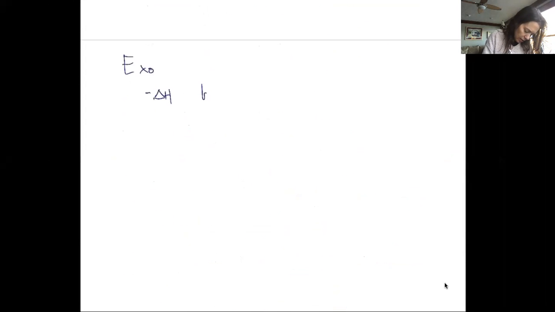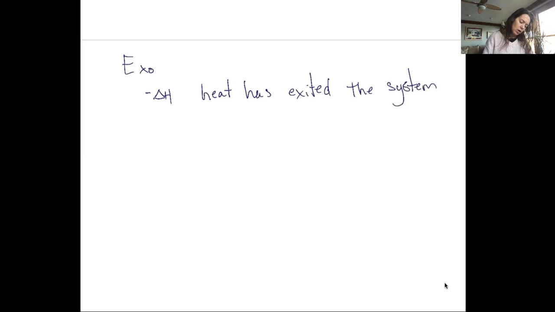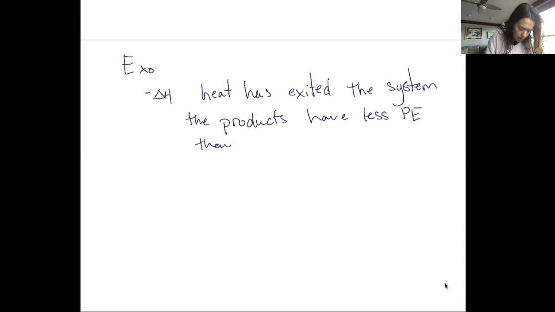Heat has exited the system, such that the products, I'm going to start to say in terms of products, have less potential energy than the reactants.